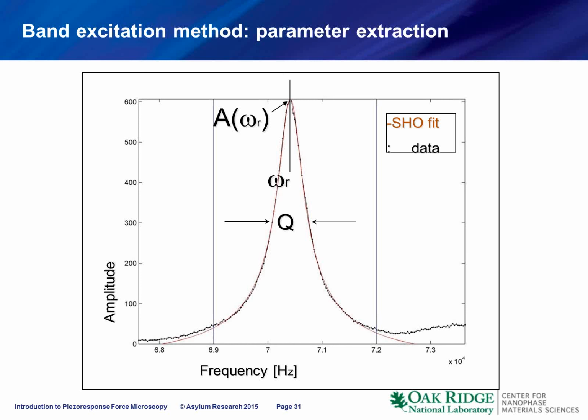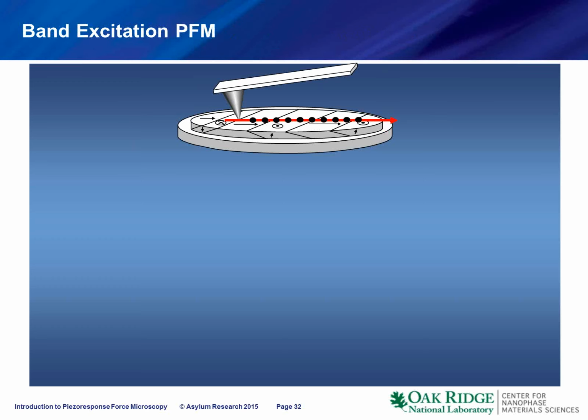And we can fit it using the simple harmonic oscillator model and simply recover the amplitude, resonant frequency, and the quality factor at each point in the image. These are a few examples of how the band excitation works.